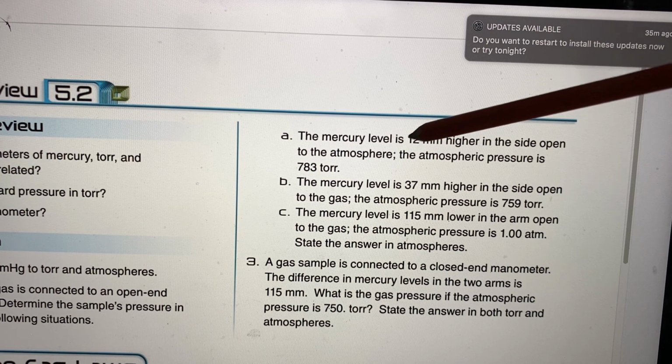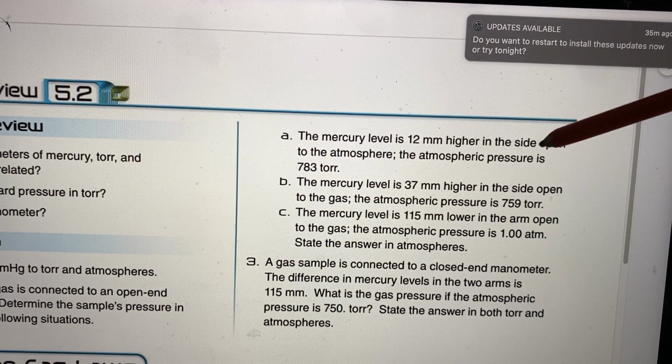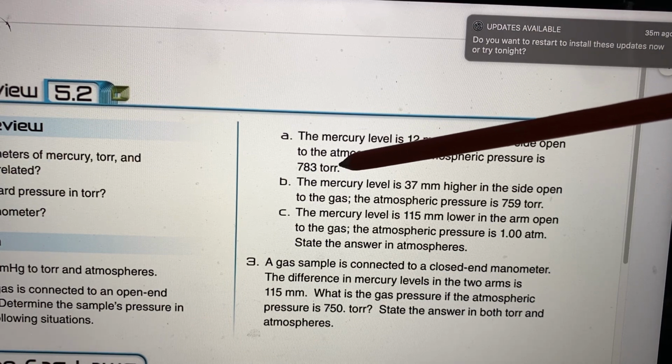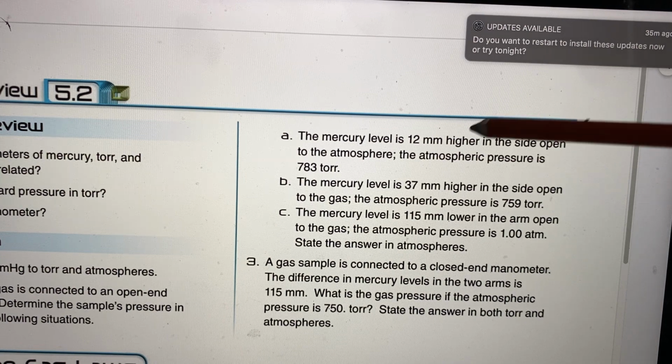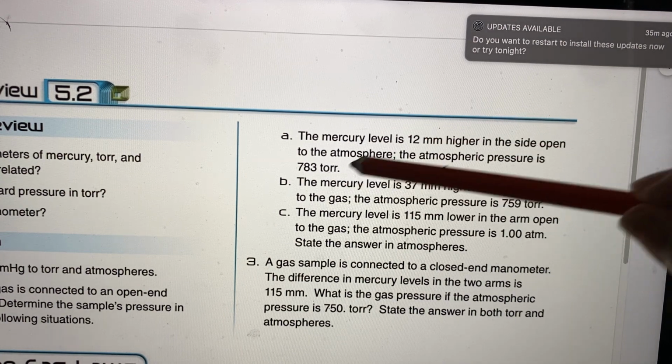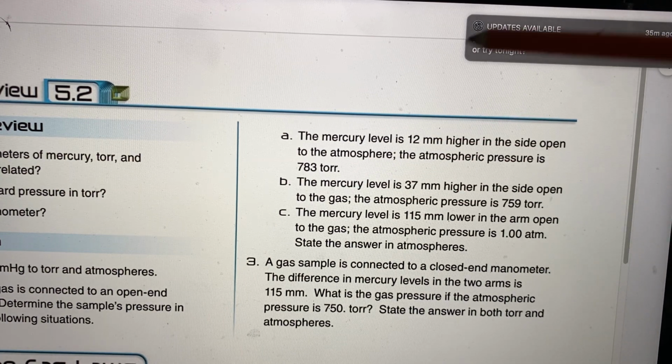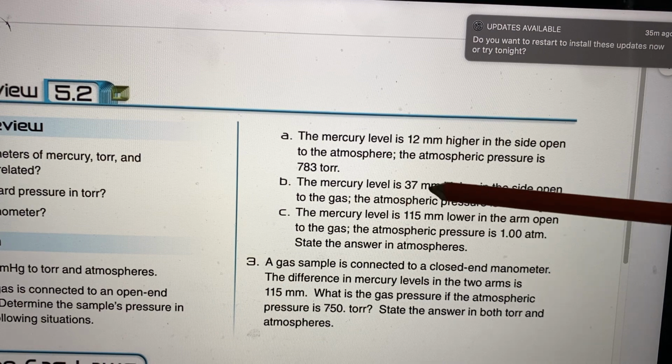If the atmosphere pressure is 783, then you're going to add that 12 to the 783, because it's higher. 783 plus 12 is 795.